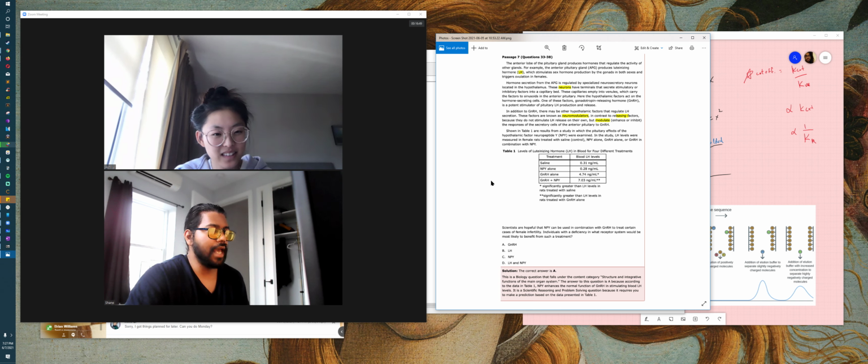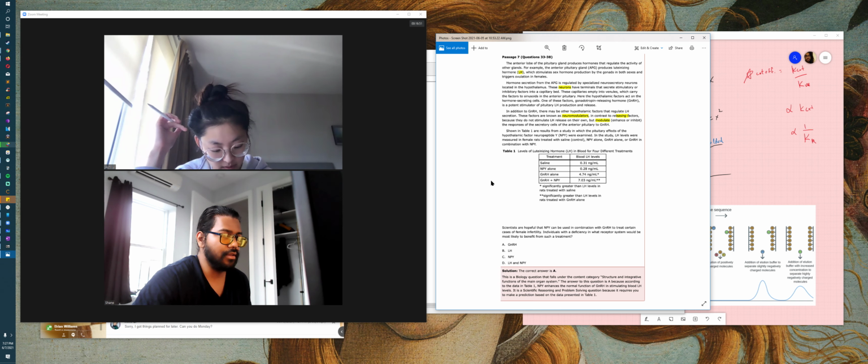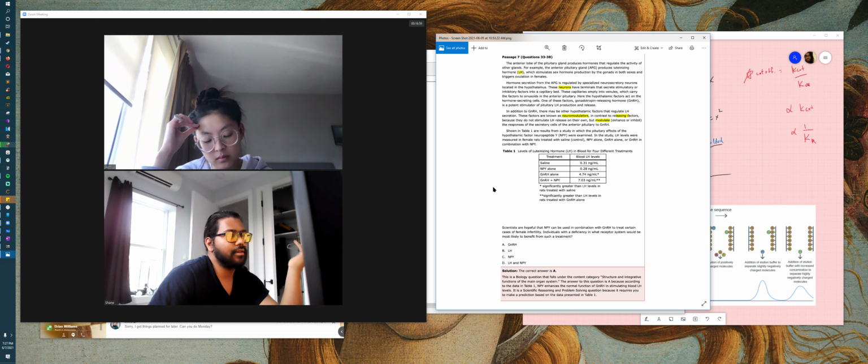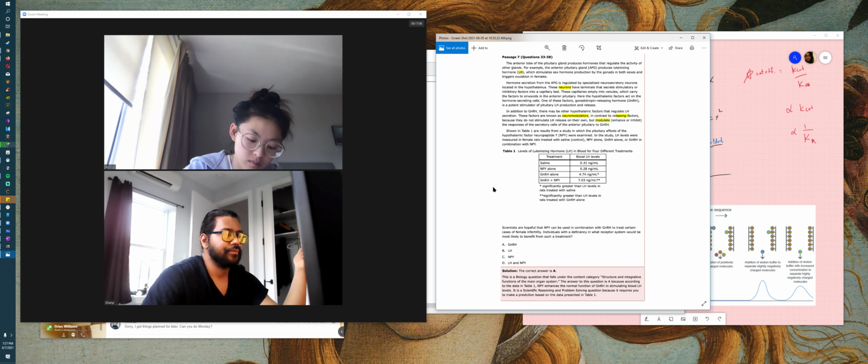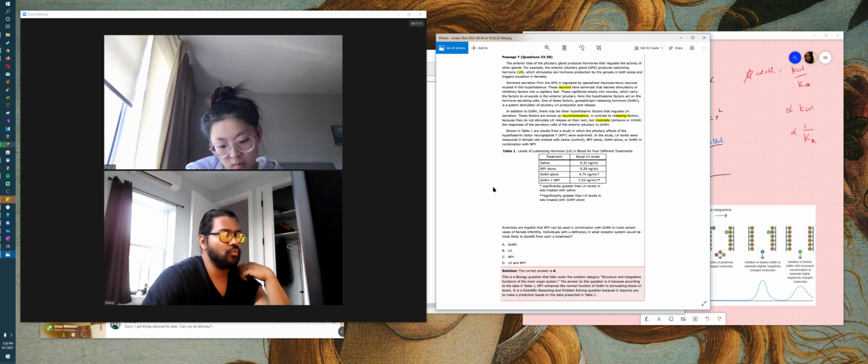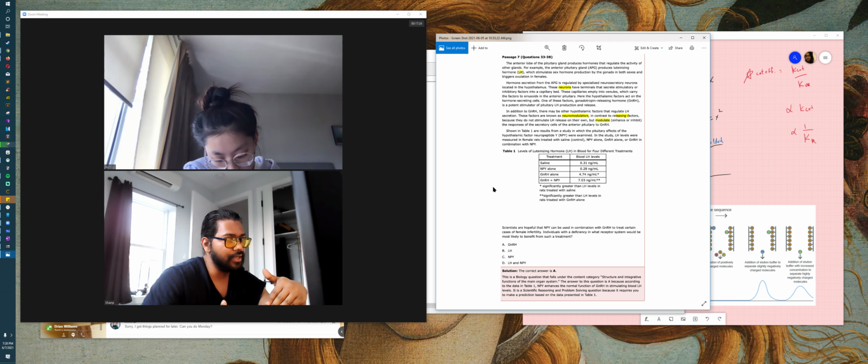So I think the key here is that they're using LH as something to measure, like a dependent variable, to see how it changes in the presence of saline, or just NPY, or just GnRH, or GnRH and NPY, right?